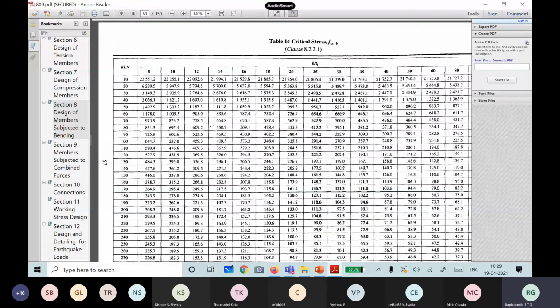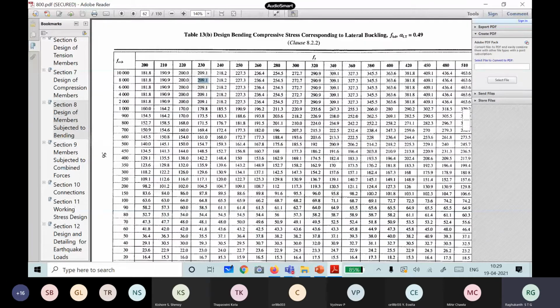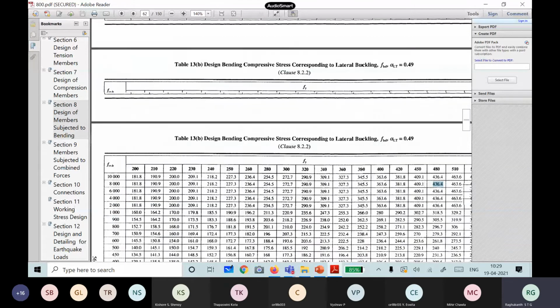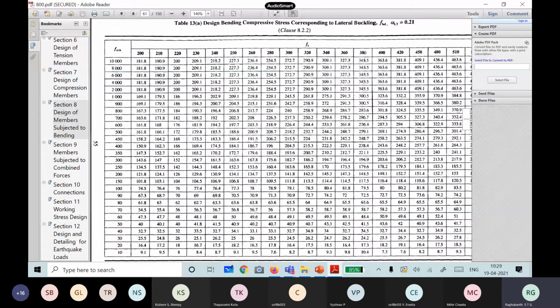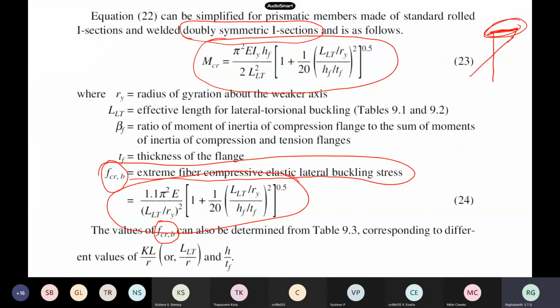The slenderness ratio is KL by R with this expression, and H by T of F. Based on this expression, you can find out FCRB from this chart. Once FCRB is known, here this is FCRB and this is yield stress, you can directly find out FBD, that is the design bending stress for the beam itself. So the charts have been given automatically. No need to use these formulas. You can directly use those charts. So there are two charts.